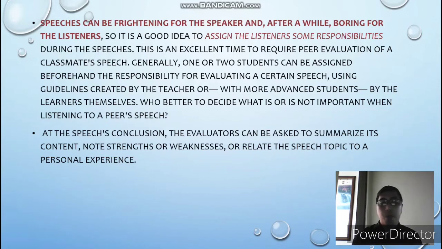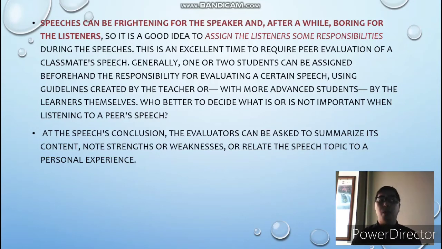But then the more advanced students, as mentioned here, you can ask them to do the evaluation themselves. So they would be the ones to evaluate how they deliver the speech. Who better to decide what is or is not important when listening to a peer's speech?